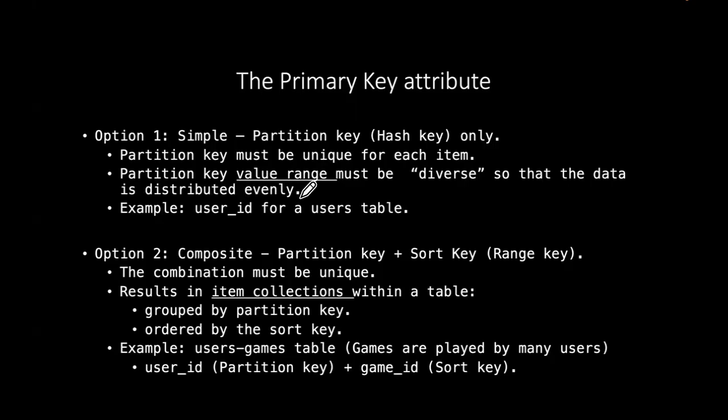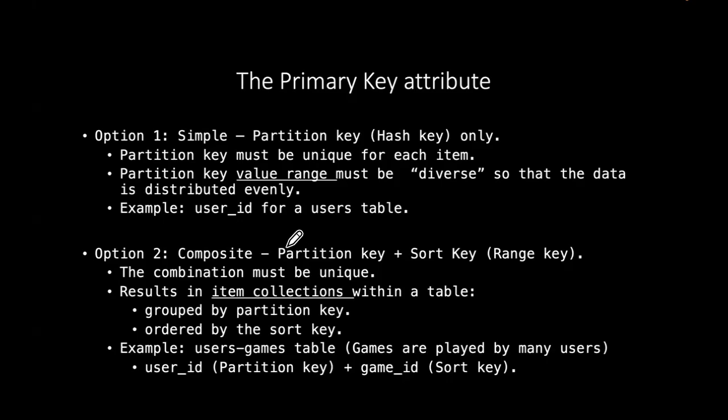The example makes sense in the relational or the non-relational world. Let's say we've got a users table, and the user ID is a classic example of the simple type of primary key. The other option is where your primary key is composed of two attributes.